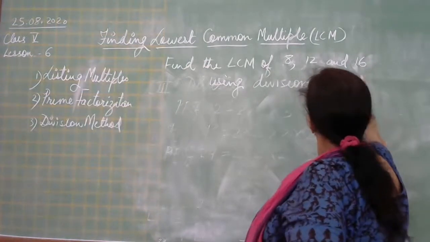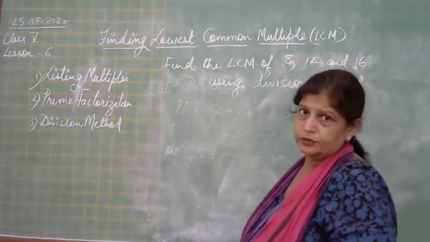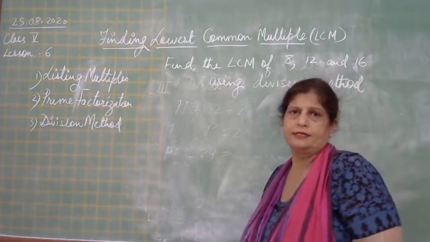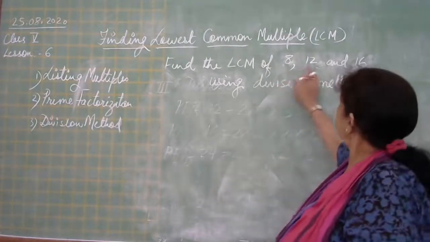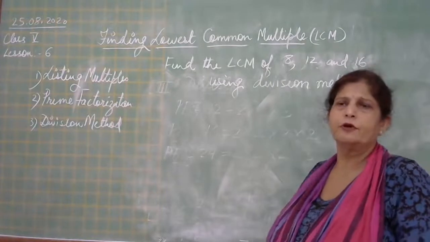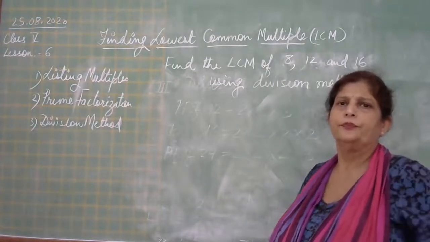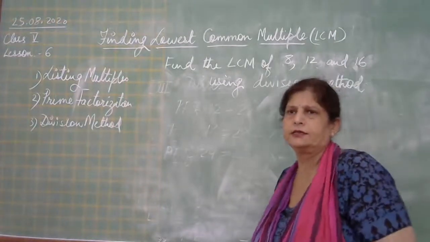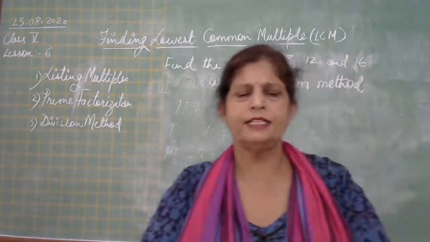And if it is difficult for you, then do it by listing multiples. Right? 8, 12 and 16. The LCM of 8, 12 and 16. You find. Right? So I wind up my class, students.